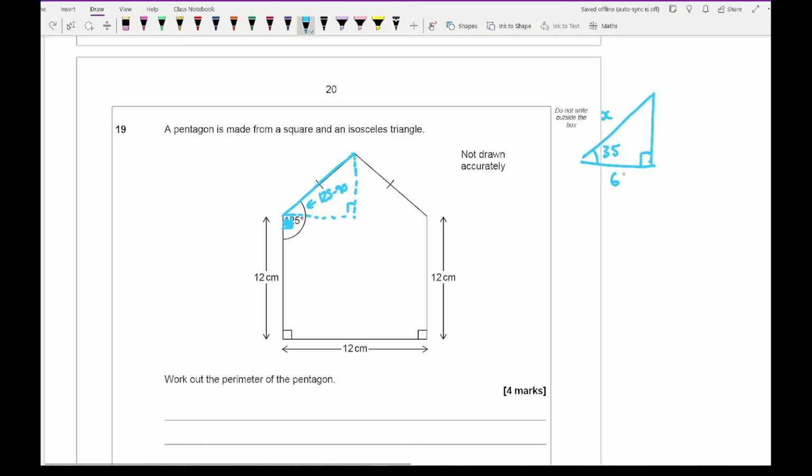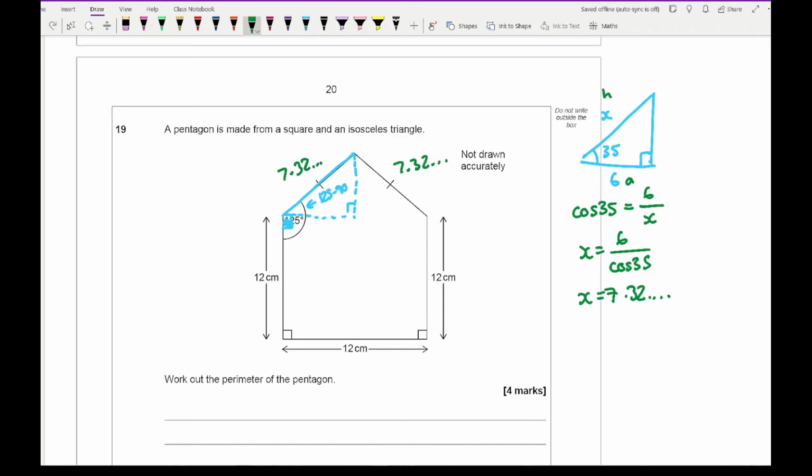So then using trigonometry, which is what you've hopefully spotted, this is h, this is going to be a, so I get cos of 35 equals 6 over x, so x equals 6 over cos 35, and so x equals 7.32 and so on. So this length here is 7.32, and this length here is 7.32.